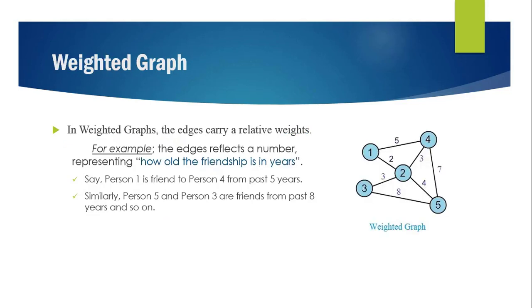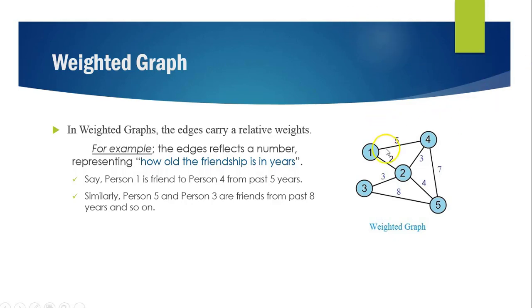Now coming to the weighted graph. A weighted graph is one where the edges carry a relative weight representing some property. For example, consider the image on the right where the vertices represent persons and edges represent their friendship, like how old their friendship is.